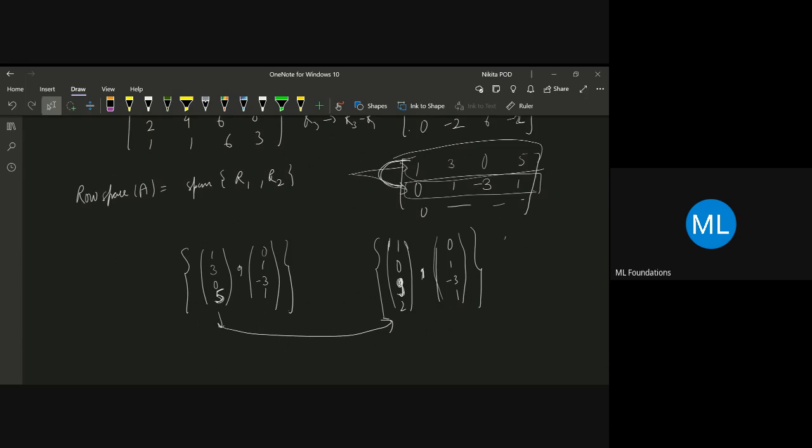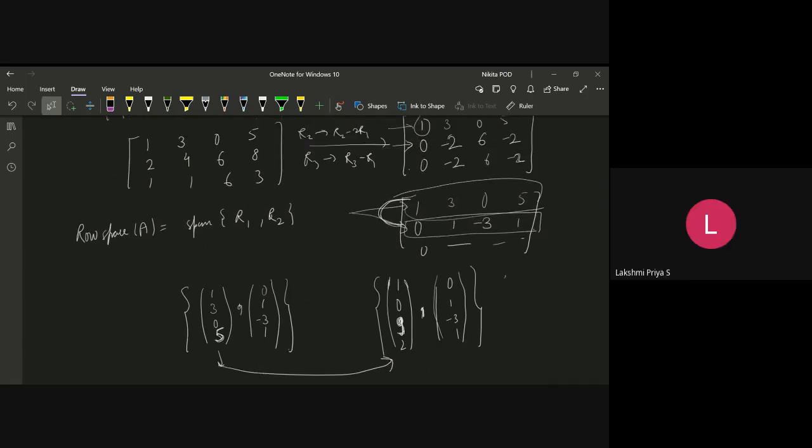Both the methods do not give the same spanning set. Applying both the methods to our matrix doesn't give the same results, but having said that, the spanning set we have is different. I'm not able to hear a lot.